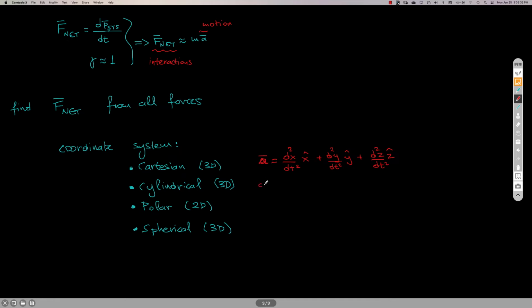Now, in the cylindrical coordinate system, the acceleration is going to look different. For this cylindrical coordinate system, different people, unfortunately, use different notation, different symbols for the radial variable and the angle. Don't get stuck on what symbol I use.